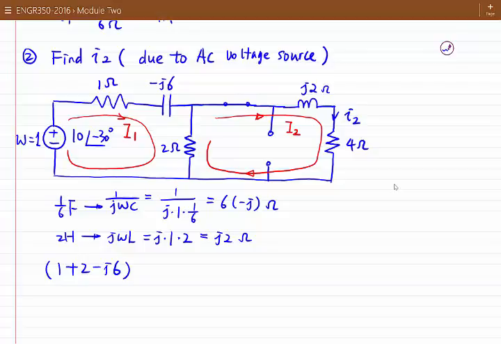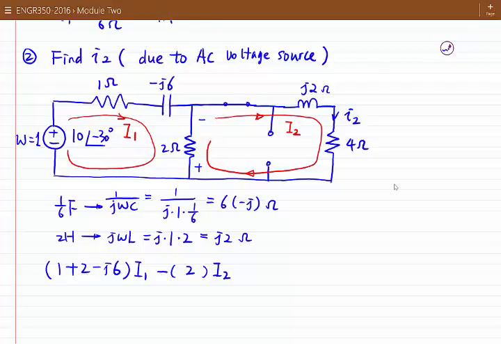So this is the total impedance times mesh 1 current. So this is the voltage drop in mesh 1 due to I1. So the second term is minus the sum of impedance in common to mesh 1 and mesh 2. So the impedance in common to mesh 1 and mesh 2 is 2 ohm. So times I2. So this is the voltage drop in mesh 1 due to mesh 2 current.